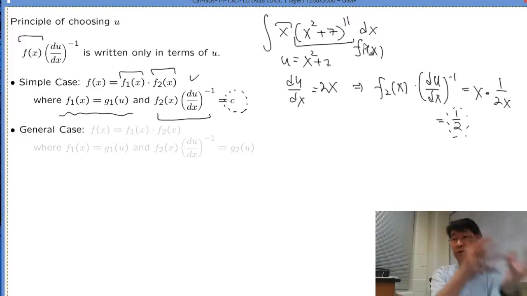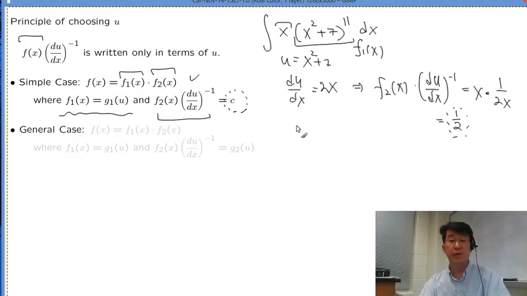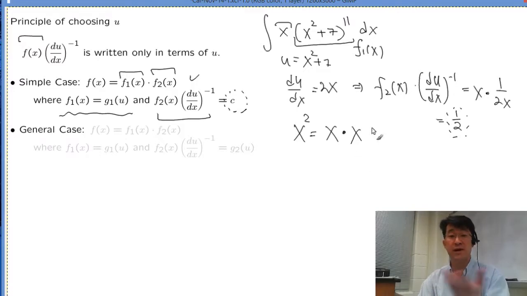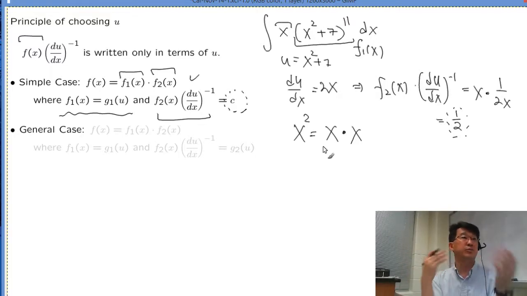This one is f1 and that one is f2. It's a product of two things, right? Even if you're looking at x squared, sometimes you have to group it. I'm going to look at it as a product of two things, x times x. This is my f1 and that's my f2. So it may involve at the beginning stage a little bit of trial and error, but it reduces significantly as you practice more.